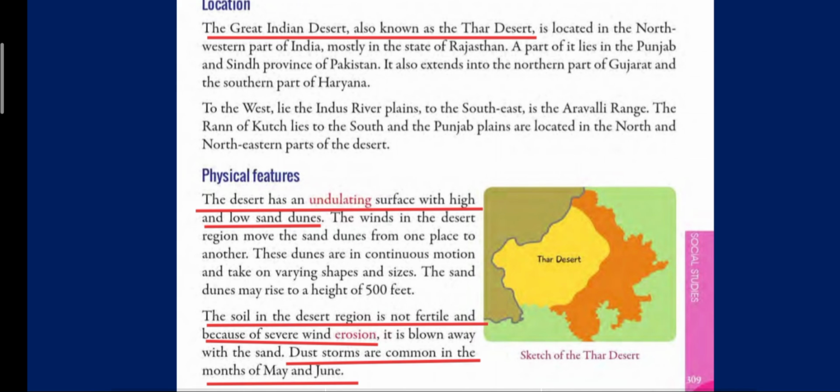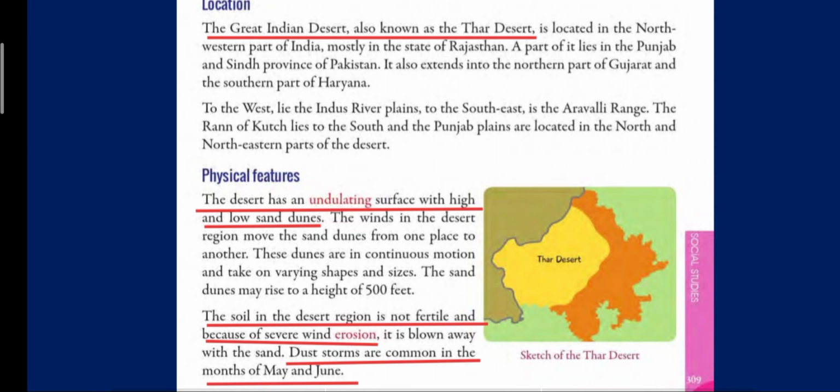So, children, what happens due to soil erosion or due to the blowing of the wind? The top surface gets destroyed, and this happens because every time the sand moves here and there. So the wind is blowing and the sand is moving here and there.